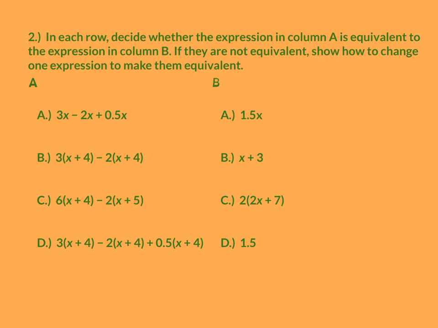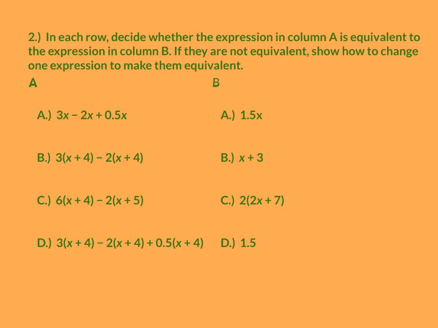Okay, next. In each row, we need to decide whether the expression in column A is equivalent to the expression in column B. If not equivalent, show how to change the expression to make them equivalent. Okay then. So the first one, we're just simply combining like terms.